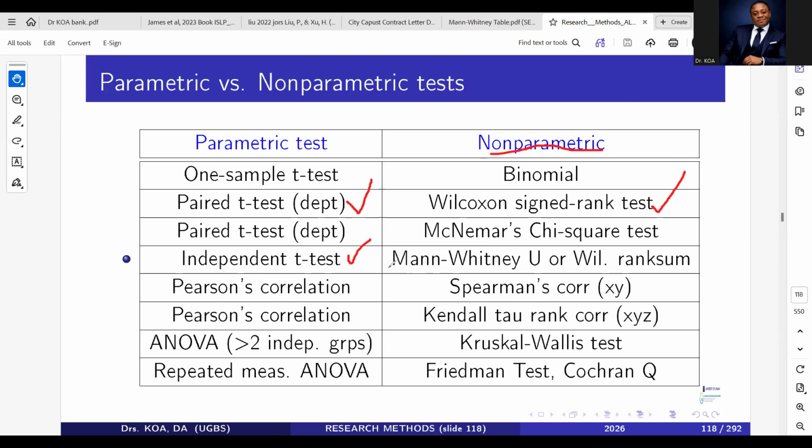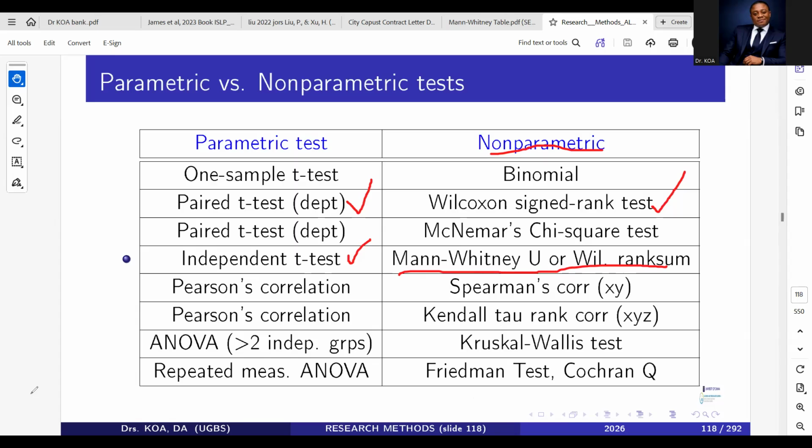But its non-parametric version, that is if the data is not normally distributed, is known as the Mann-Whitney U-test, or sometimes the Wilcoxon rank sum test. All of these are if we have two samples.